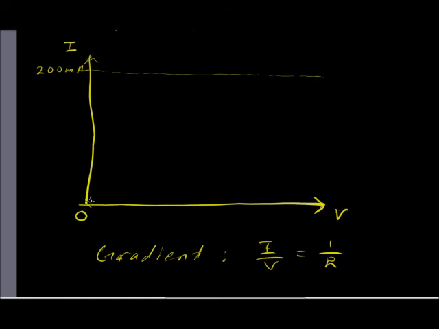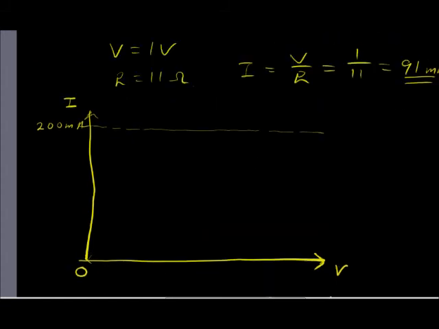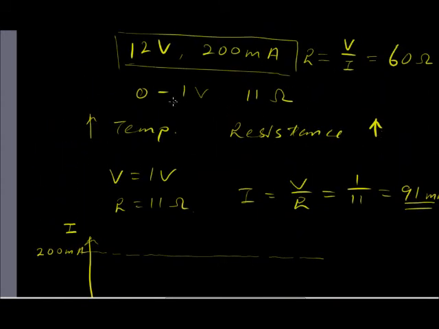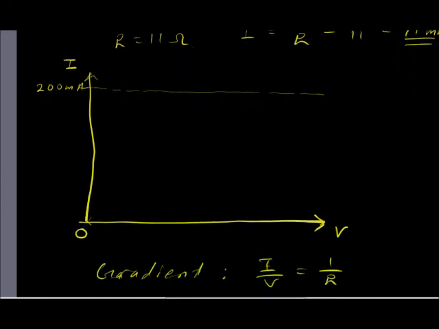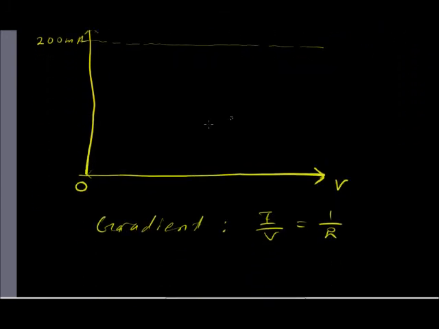So the curve would look something like, at first it's going to be pretty linear as described by the given information. For the 0 to 1 region, the resistance is only 11 ohm, so it's going to increase linearly up to 1 volt, and then this is the point that we just calculated, which is 91 milliamp.